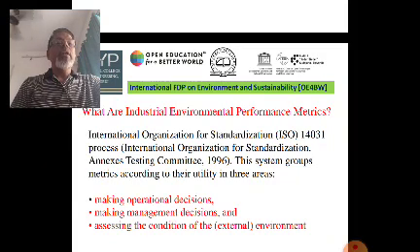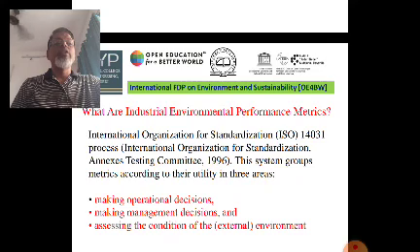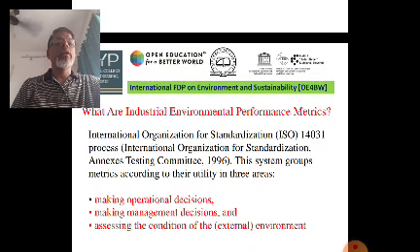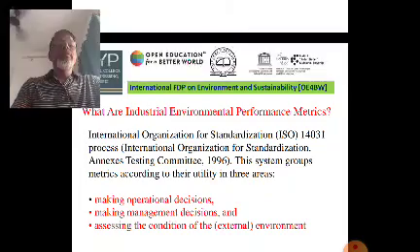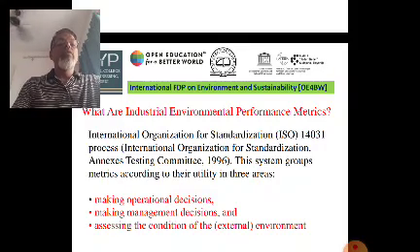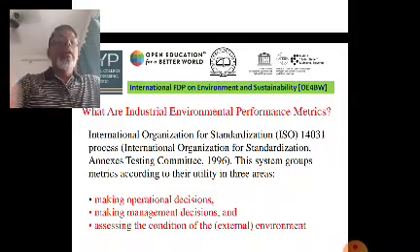According to International Organization for Standardization ISO 14031, the system groups metrics according to their utility in 3 areas: making operational decisions, making management decisions and assessing the condition of the external environment.